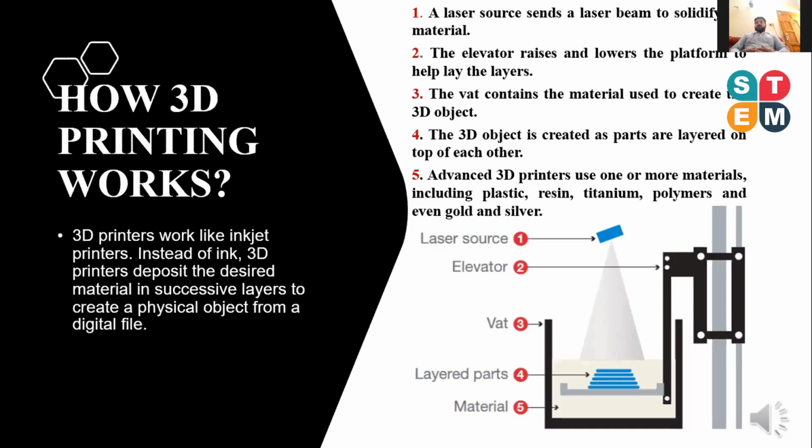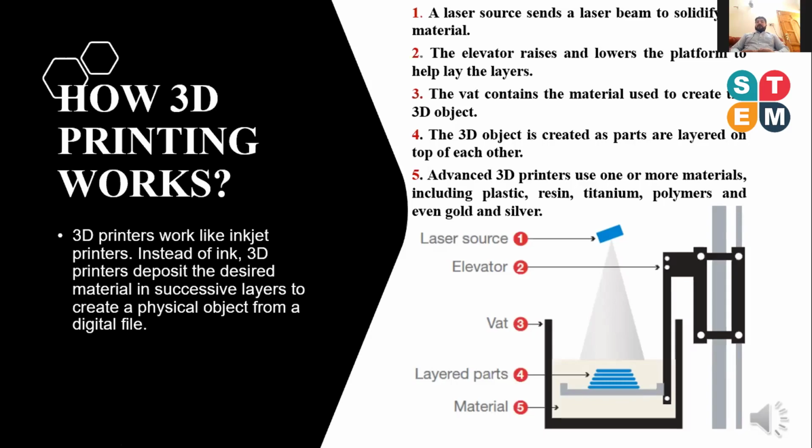So we use computer-aided designs, which are then printed, and the print is very fine with finished results. The 5 important parts of a 3D printer are: first the laser source, then the elevator, the vat, the layered parts, and the material.